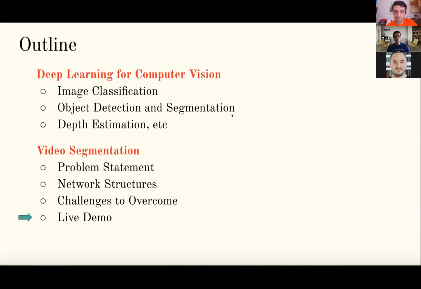According to this outline, now I should demonstrate what we have done at Krisp for video segmentation.